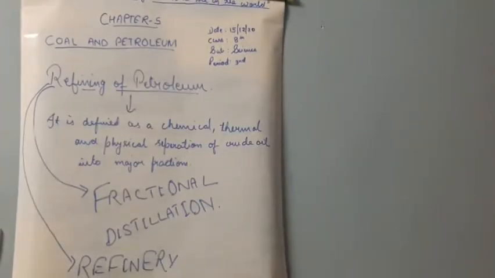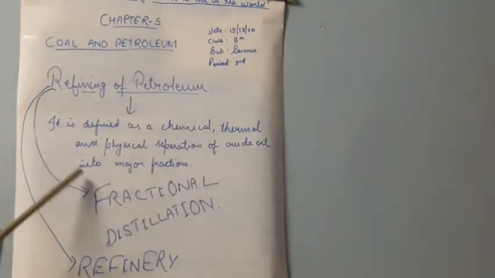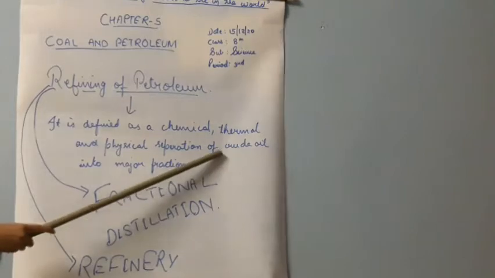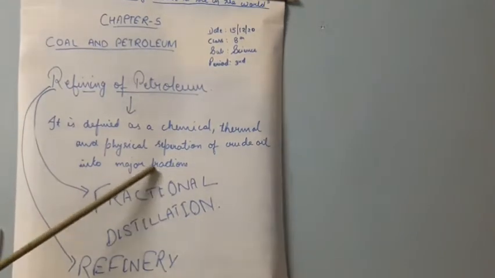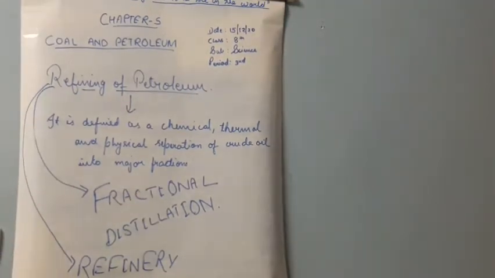Okay, so this process is defined as a chemical, thermal and physical separation of crude oil into major fractions. Yesterday we learned what crude oil is. Crude oil is unprocessed petroleum which consists of many mixtures of hydrocarbons and other compounds.